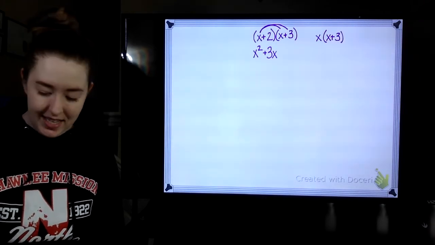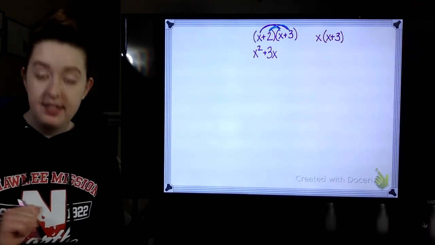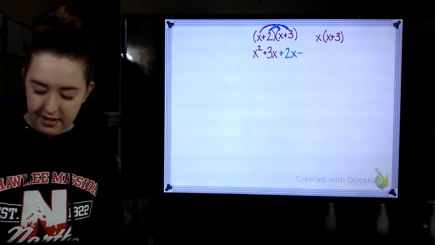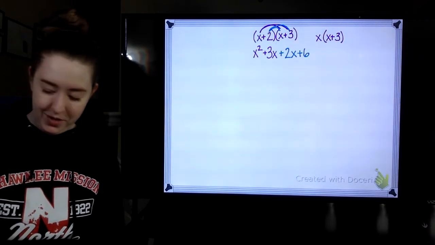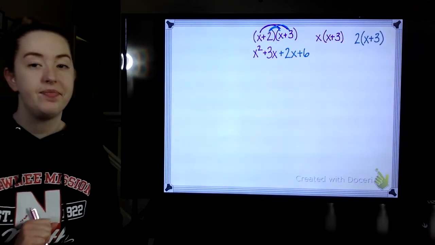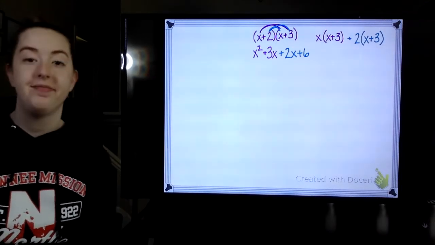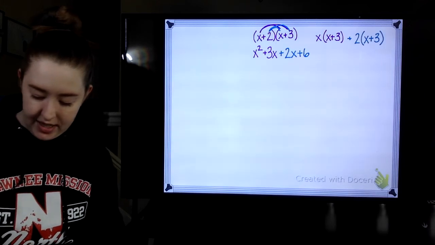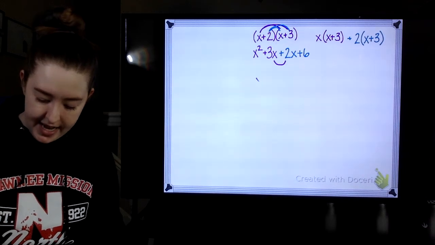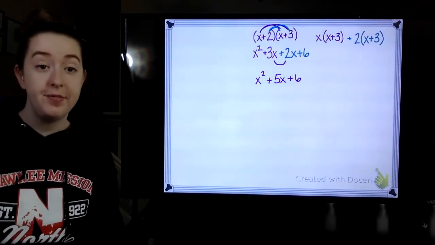The next thing you would do is take 2 times x and 3, so you would have 2x plus 6 because you took 2 times x plus 3. And then what did you do to those two things in the middle? You added them. Then the last thing you needed to do was combine these two terms in the middle to get x squared plus 5x plus 6, right?